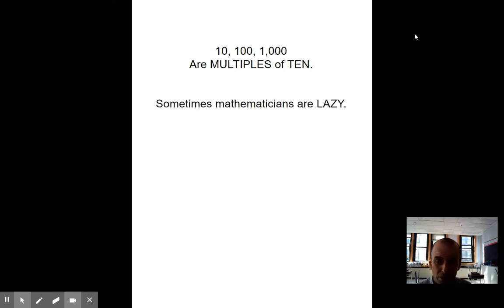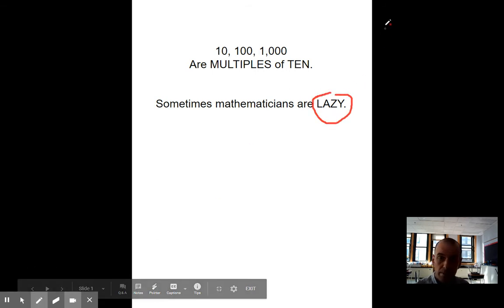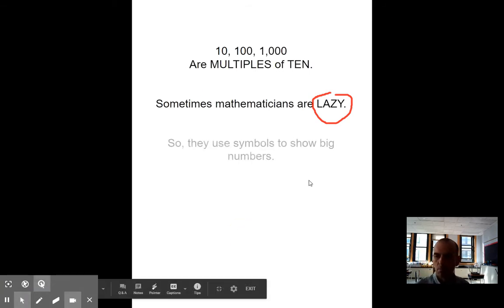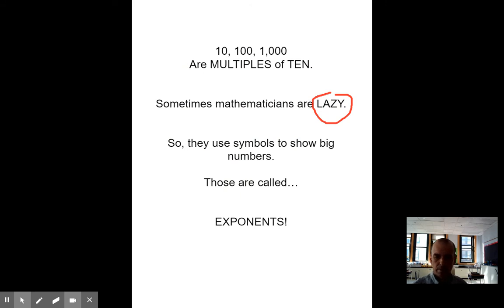Sometimes mathematicians are lazy people. They can be lazy, okay? So they don't like to write 1,000 or 1,000,000 even. They like to have symbols to write these numbers. And the symbols, they're called exponents.